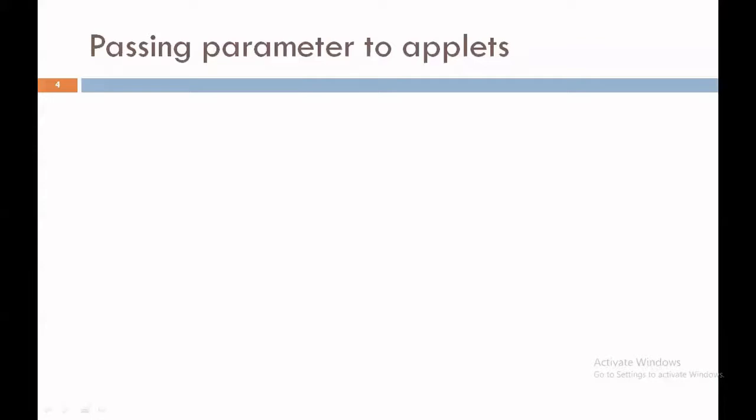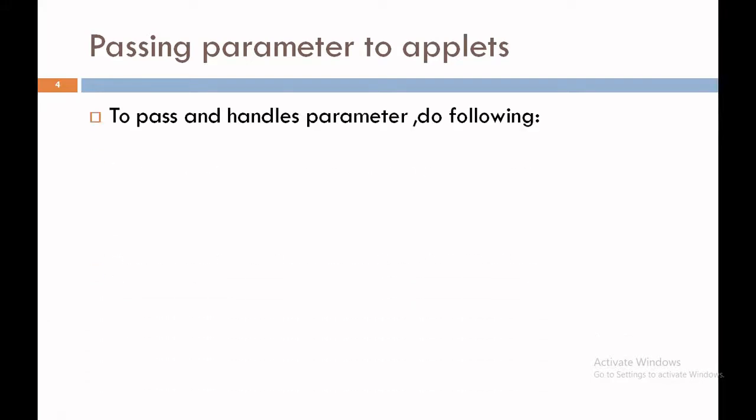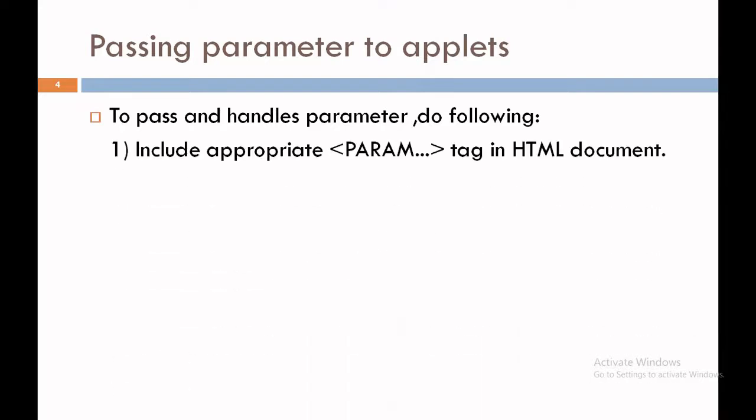Now we discuss how to pass this param tag parameter to an applet. To pass and handle the parameter, we follow two steps. The first step is that we have to create the appropriate param tag and add this param tag into an HTML file.